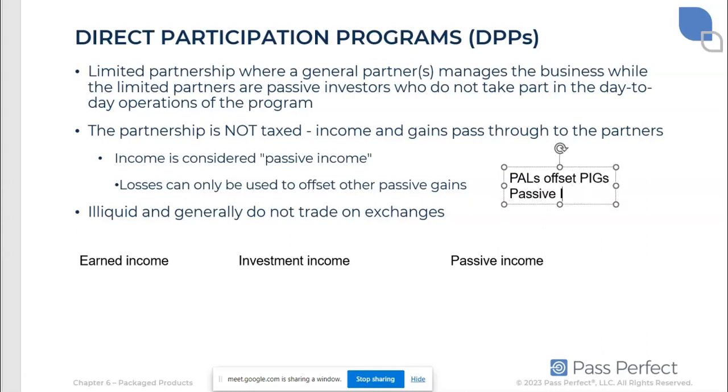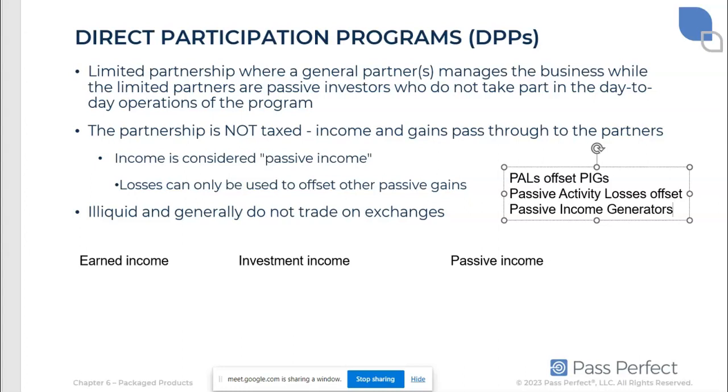Passive activity losses offset passive income generators.